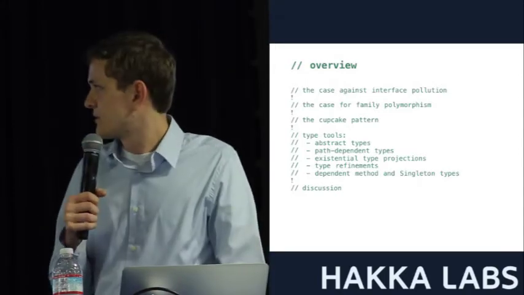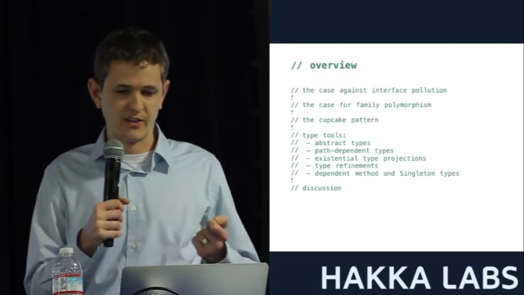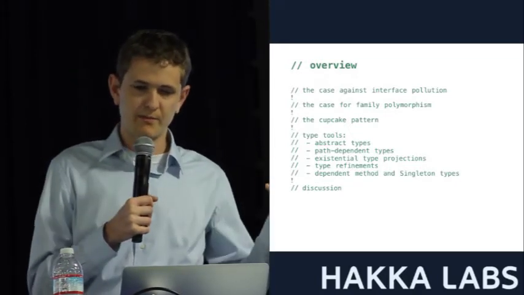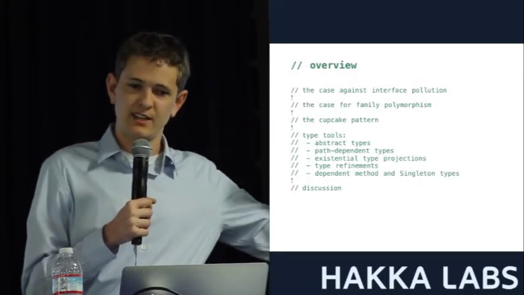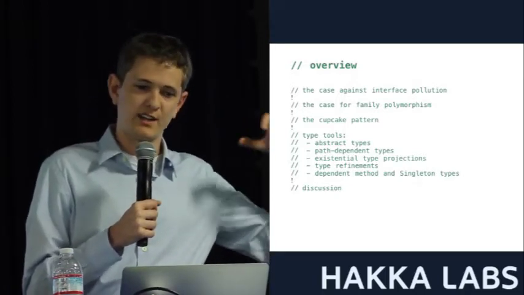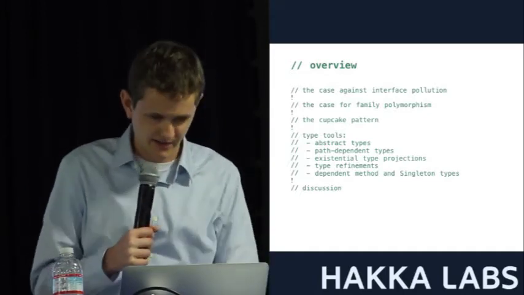I have a running example that I'm going to go through to make clear the different ways that this interface pollution happens. It's generally well-meaning, but I want to show the ways that it breaks down and fails.